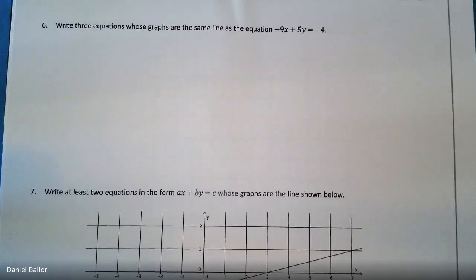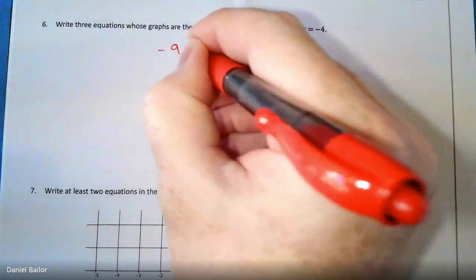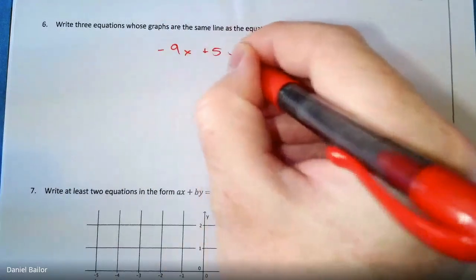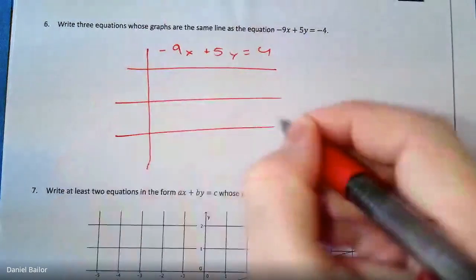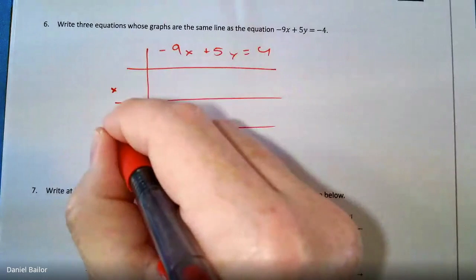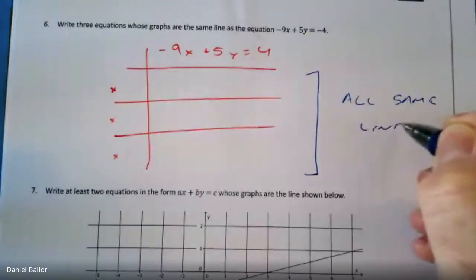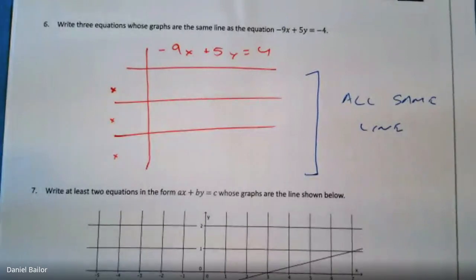Really does not matter to me what you choose, because as long as you multiply everything by the same thing, you're going to get all the same line. As long as you are solid with your multiplication and consistent, you should get the same line.